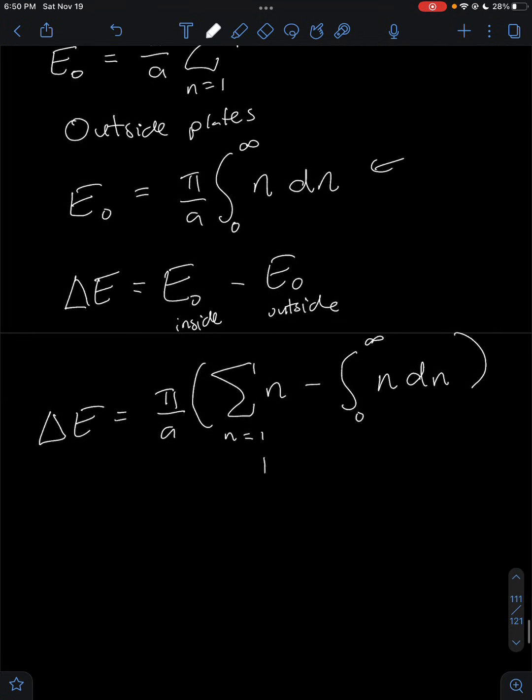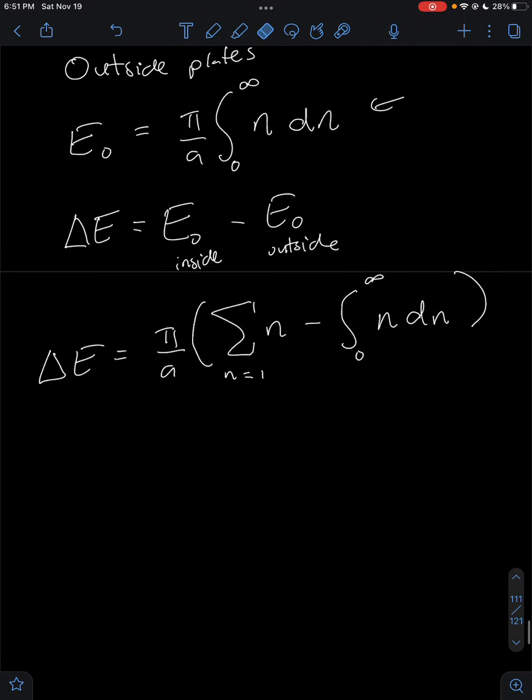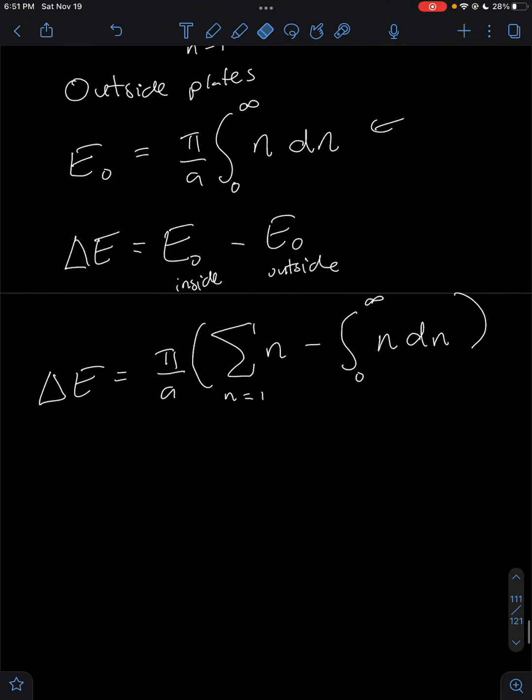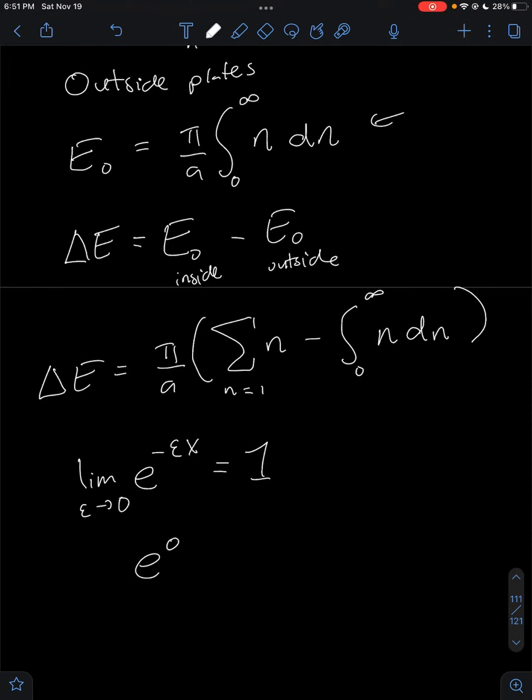But of course, these are both infinity, so it doesn't make any sense. But there is something we can do to put some sense into this expression. We know that the limit as epsilon approaches 0 of e to the minus epsilon x is 1, since e to the 0 is just 1.